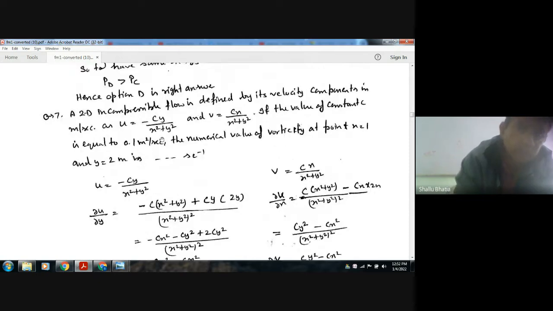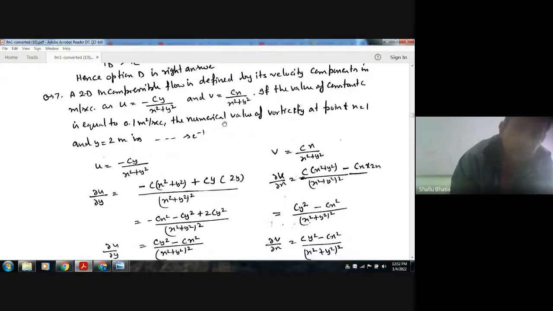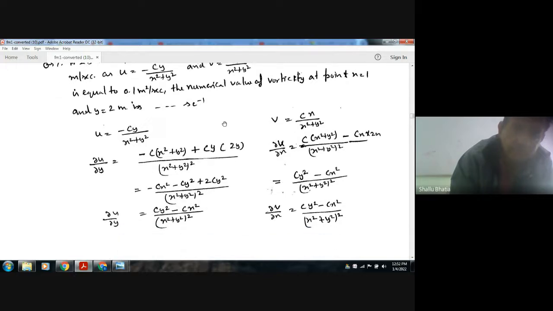Now u is given as this and v is given as this. To find out vorticity, we first find out curly v by curly x and curly u by curly y.